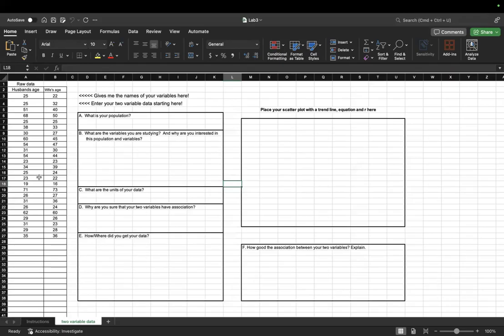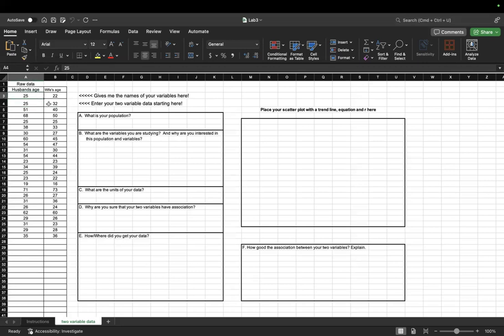Okay. So what we're going to do is insert a scatter plot and put a trend line on it, and it'll give me an R squared value. Once you have your data in here, I would love it if you would name your variables. The one on the left is going to be the X value. The one on the right is going to be the Y value.